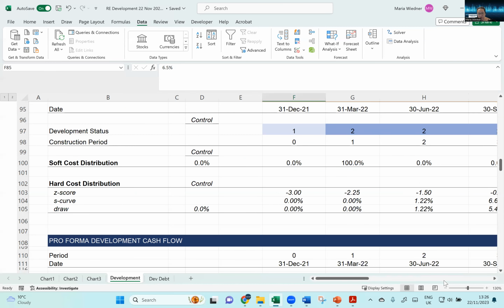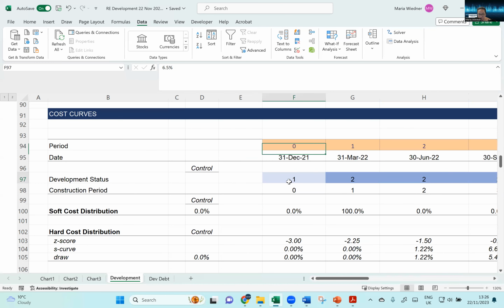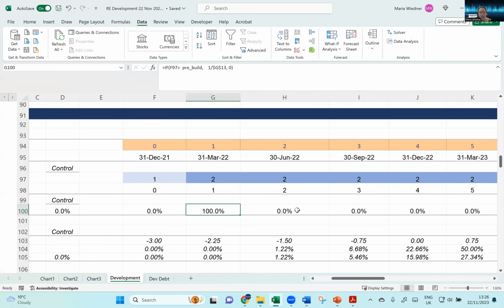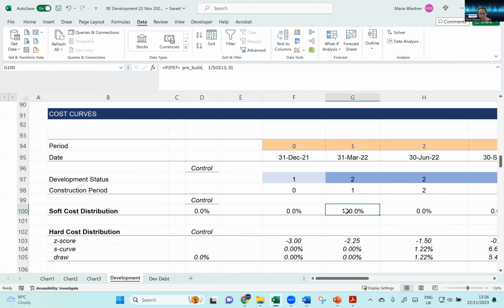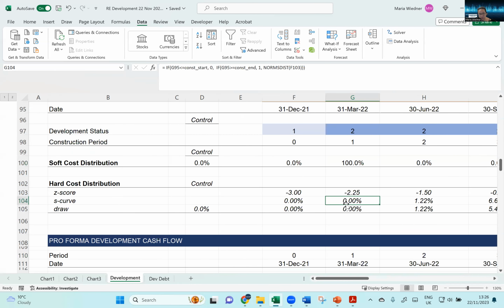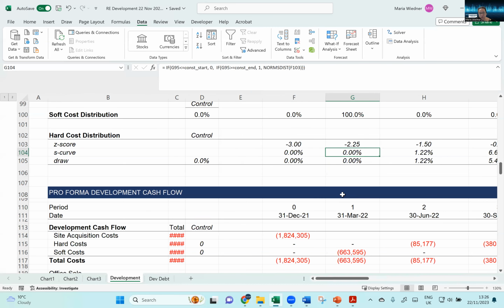So here, once you calculate, I'm not going to show you how, like these distributions, but things that you have to think about. And if you come to my course, some of you have come to my course on this call, you will see that we calculate what is the distribution of your soft costs, what is the distribution of hard costs. The hard cost is distributed according to what we call an S-curve, okay, normal distribution.